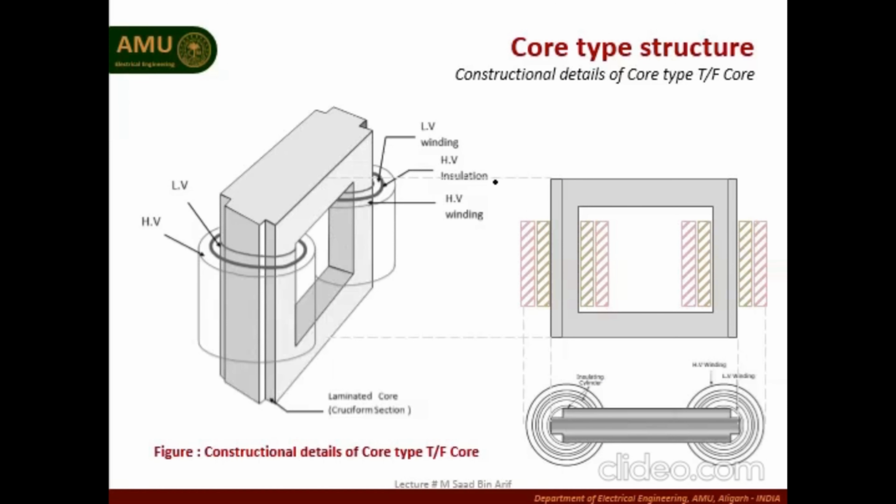And if you look at the plane of this structure, that is, if you look at this transformer construction from above, then you will find the structure like this, and this basically provides a circular structure of core, which helps in reducing the corner stresses on the winding.